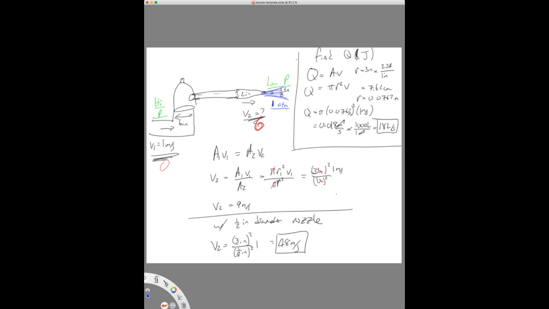The pressure back here must be greater than 1 atmosphere, or the water will flow the other way. If the pressure inside the tube is less than 1 atmosphere, then the atmospheric pressure is going to push water the opposite way. So the water is always going to flow from the high pressure location to the low pressure location.